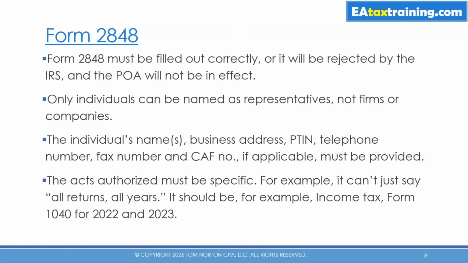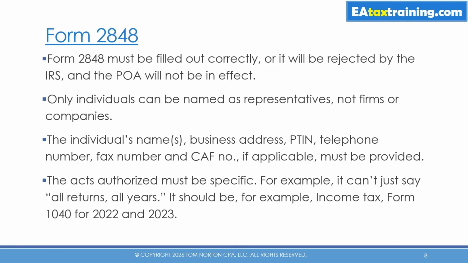It can be more than one, but it has to be individuals who qualify, who are attorneys, CPAs, or enrolled agents in order to be on the power of attorney. And those individuals' names, business address, PTIN, telephone number, fax number, and something called a CAF number, if applicable, must also be provided. We'll look at that.